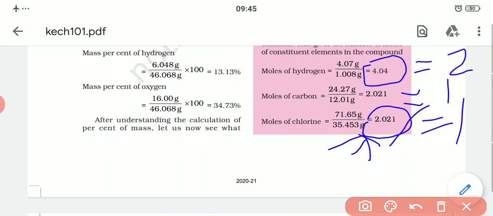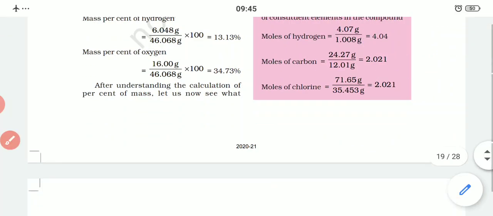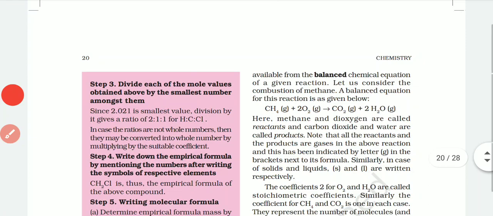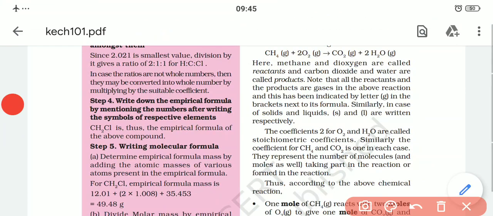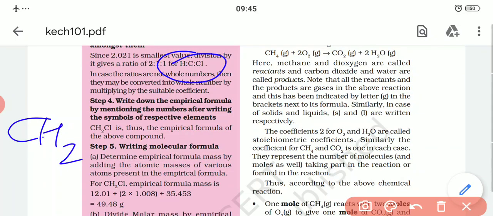So I get hydrogen 2, carbon 1 and chlorine 1, the ratio 2, 1, 1. From this I have the formula: 1 carbon, C, 2 hydrogen, H2, and 1 chlorine, Cl. So this one is my empirical formula.